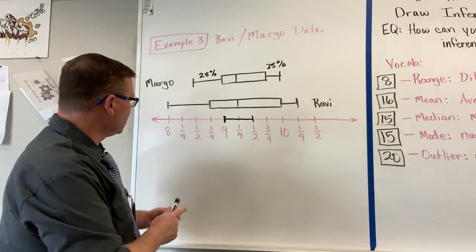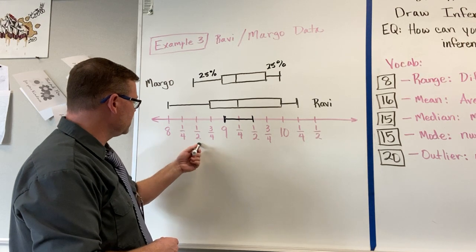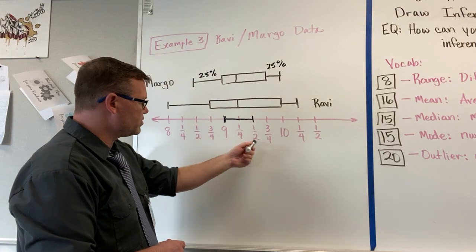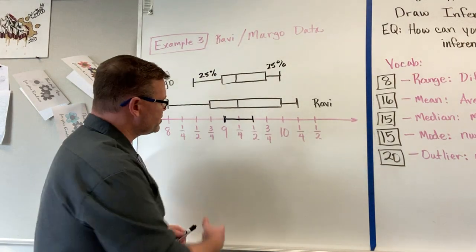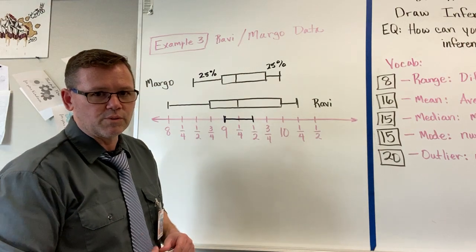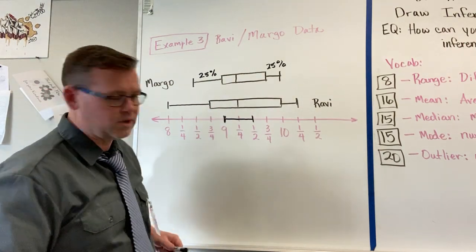If you notice, the first thing I want you to look at is they were saying that most of the students were getting between 9 and 9.5 hours of sleep. Okay, so our number line is going like this: 8 hours and 15 minutes, 8.5 hours, 8 hours and 45 minutes, 9 hours, and so on. They were saying most of the students got between 9 and 9.5 hours of sleep. So what they did was they put this in what we call a box and whisker, okay?